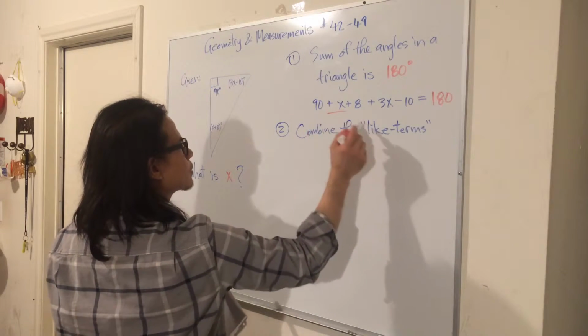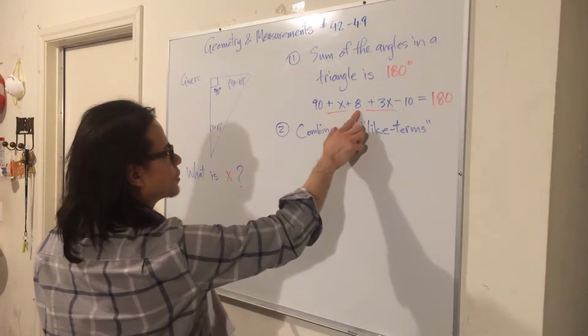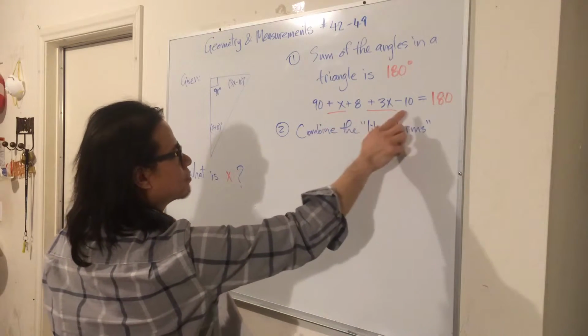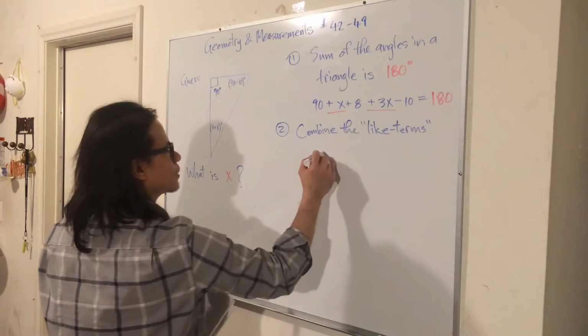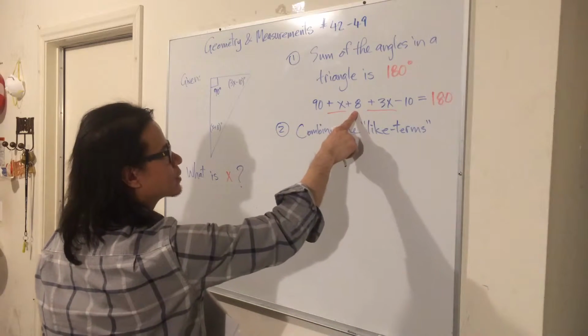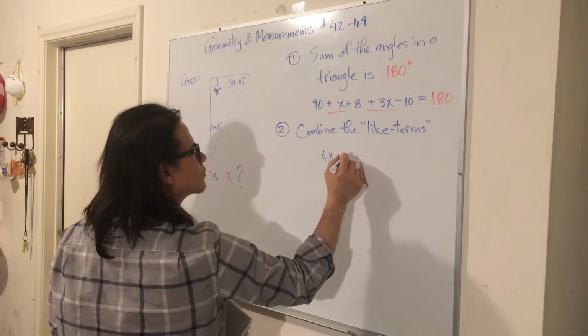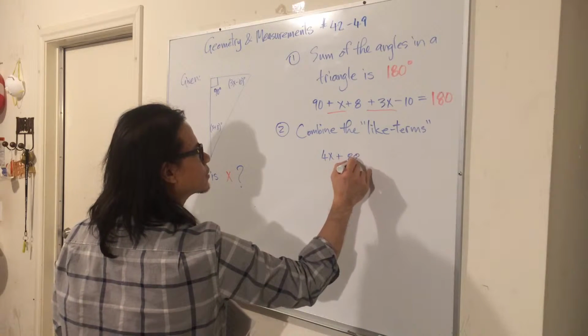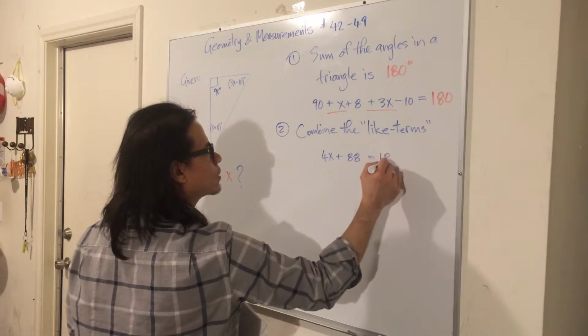So x plus 3x, and then we'll combine the constant terms, 90 plus 8 minus 10. So x plus 3x gets 4x. 90 plus 8 is 98, minus 10, so we have 88. Equals 180.